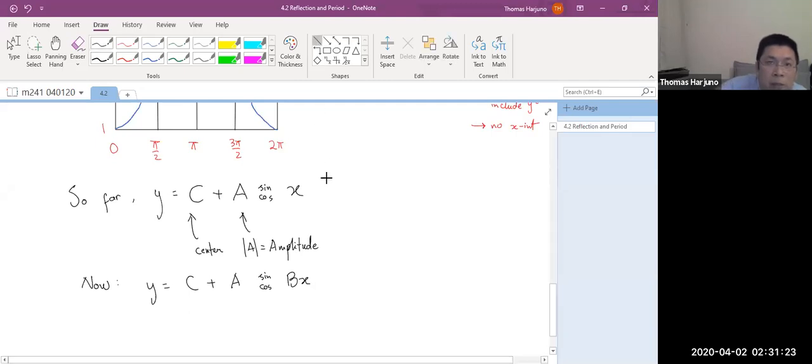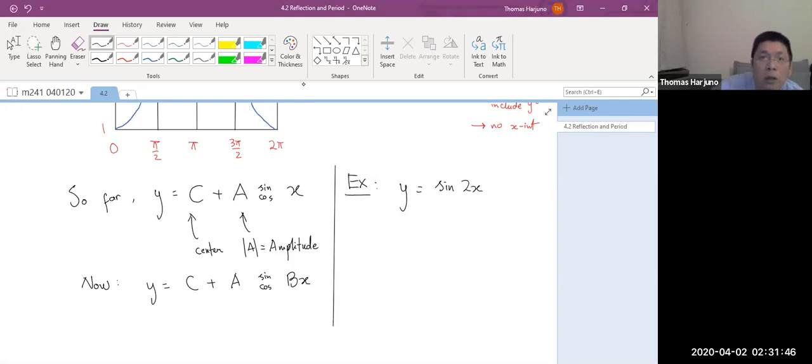So for example, we want to observe what the graph looks like for, let's say the simple one first, y equals sine 2x, as opposed to sine x only. Let's take a look at our graphing software.